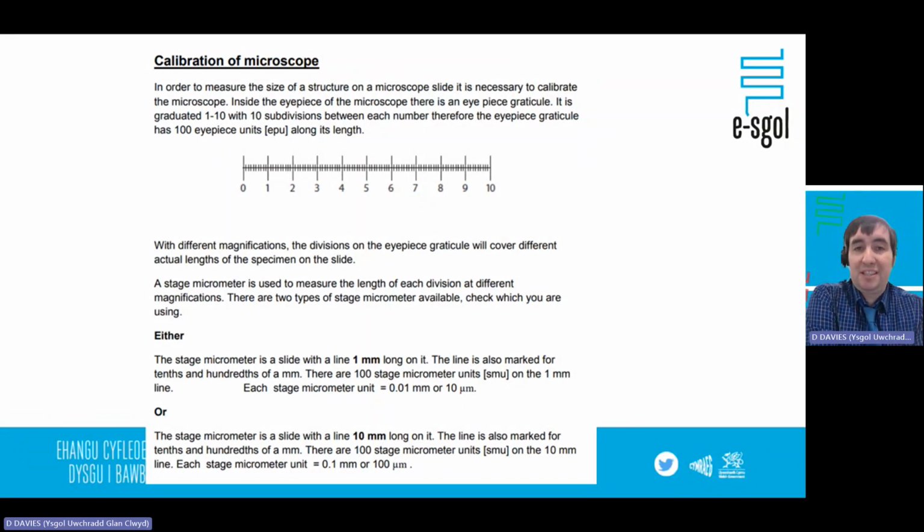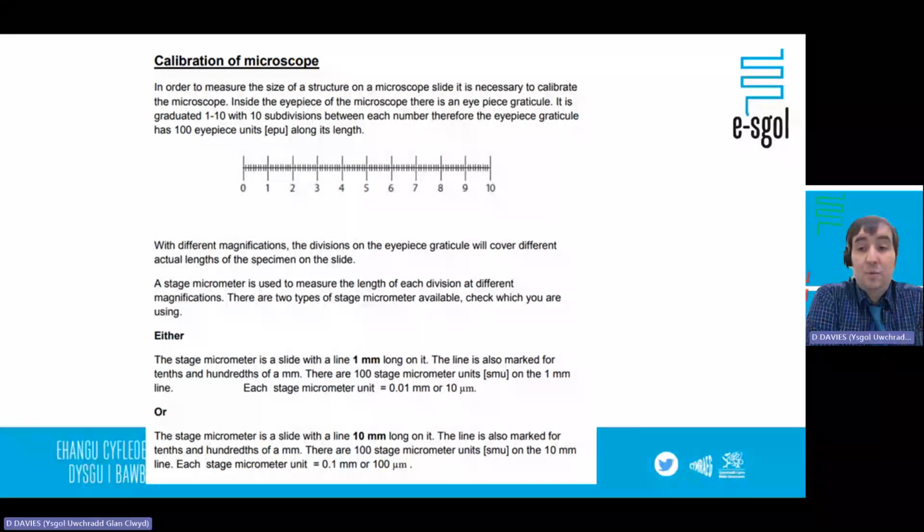In order to measure the size of a structure or specimen on a microscope slide, you have to calibrate it. Inside the eyepiece, the bit that you look down, there is an eyepiece graticule. The eyepiece graticule is basically the little ruler that's inside the eyepiece lens. It's graduated, which means there's a ruler on it.